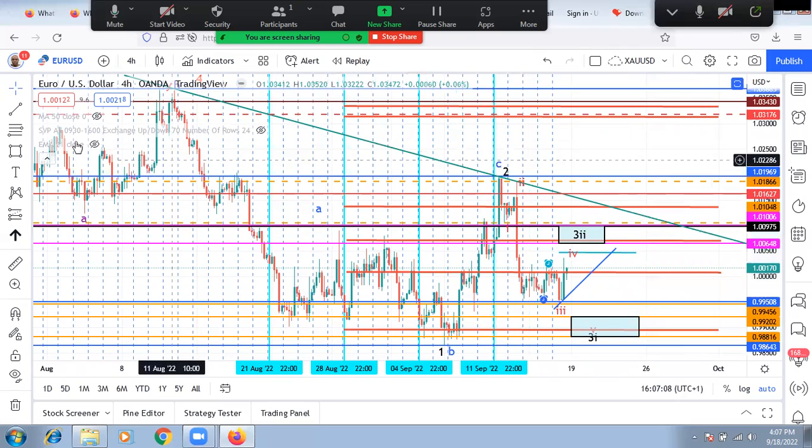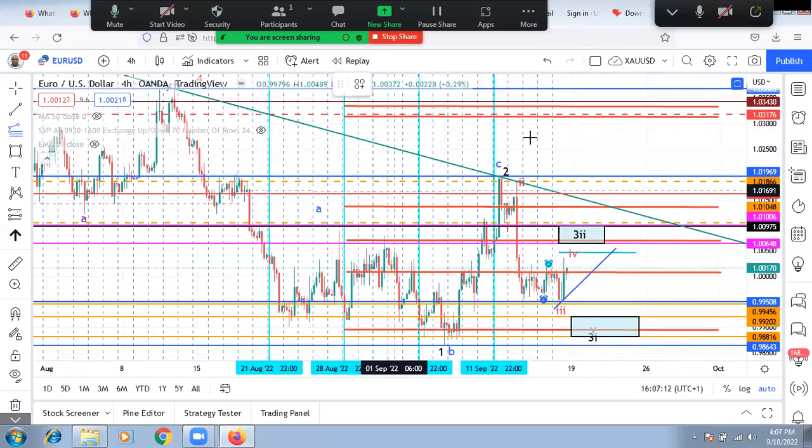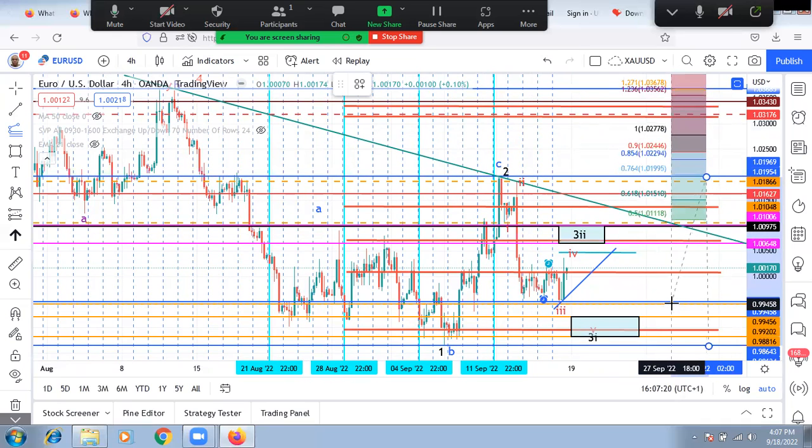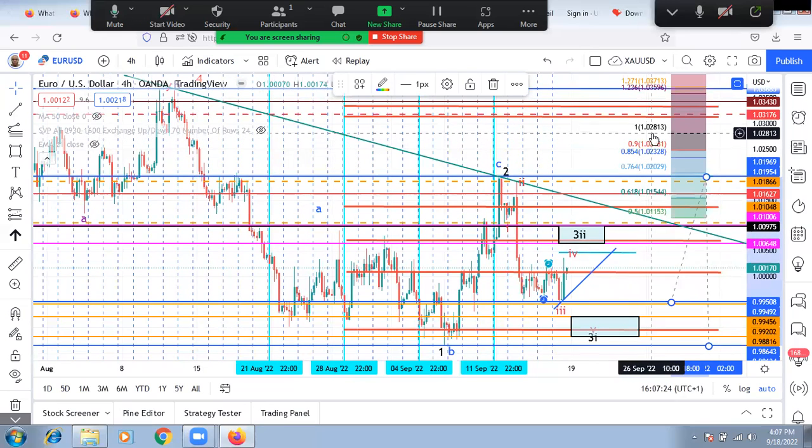So if you're going to have a 100 extension from this area, see where 100 is going to fall. 100 is actually falling here. Well, it's still possible. So far, it is below this area. It's still possible, but I don't see that now.